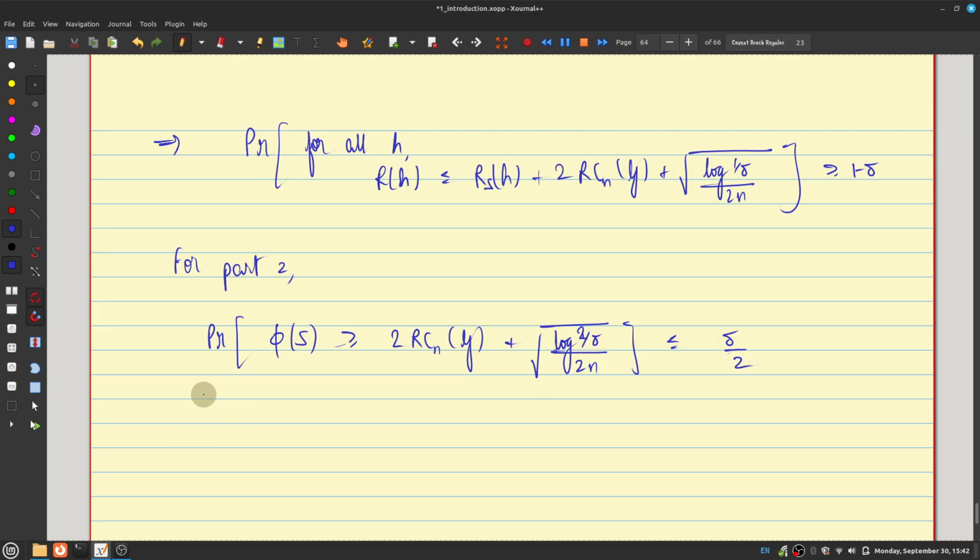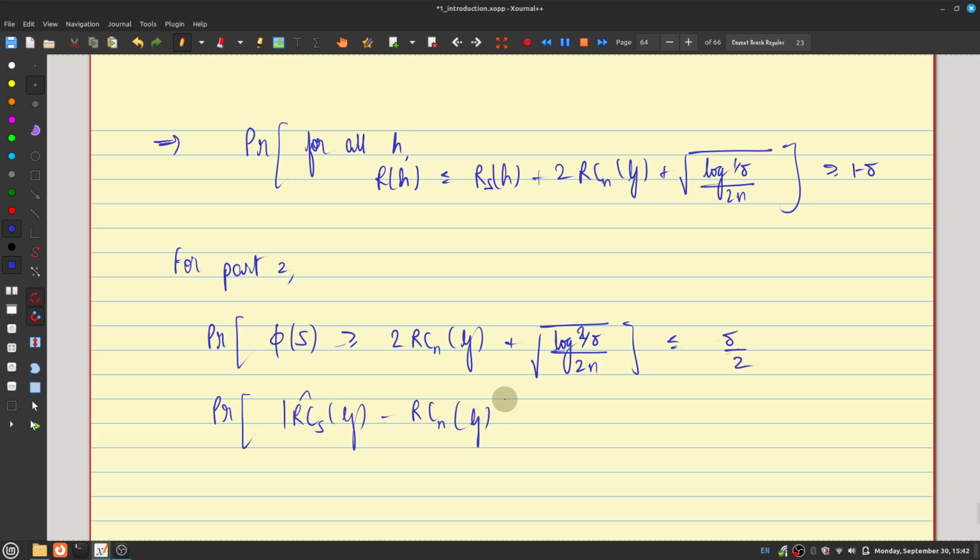The only other step is to show that the probability that R_S of G, which is the empirical Rademacher complexity, deviates from the Rademacher complexity by an amount of log 2 by delta by 2n.